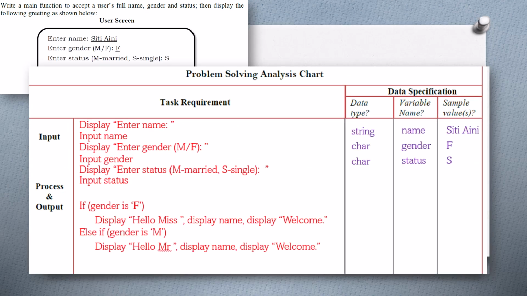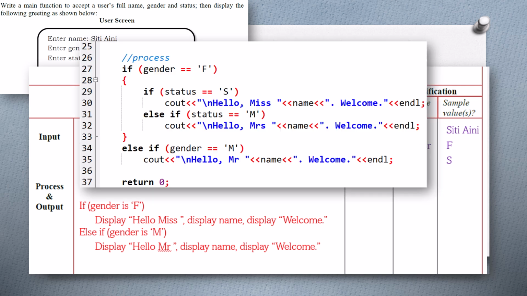Next, the second part is the condition. If gender is F, meaning female, then check. If status is S, then hello Miss.